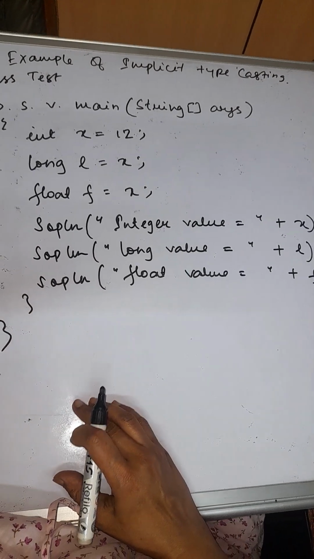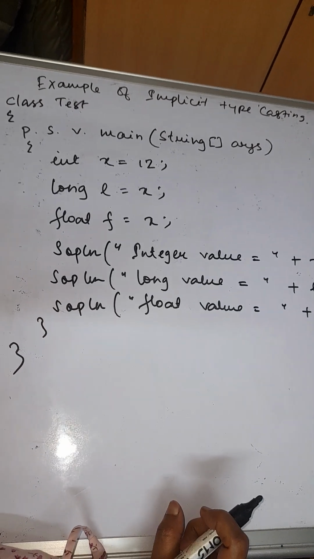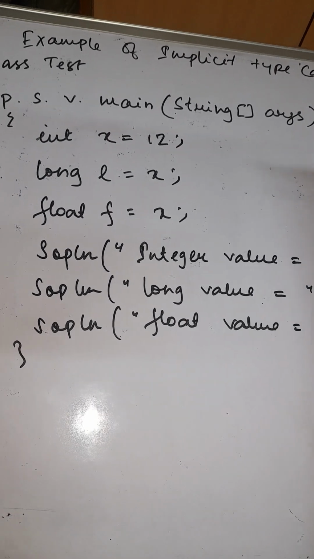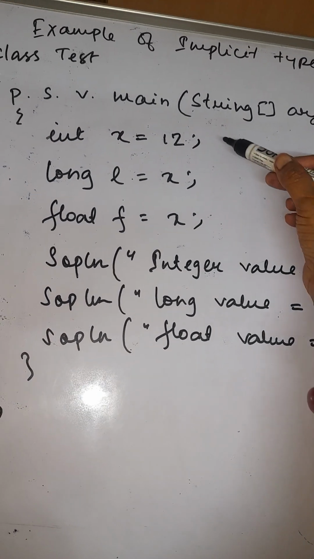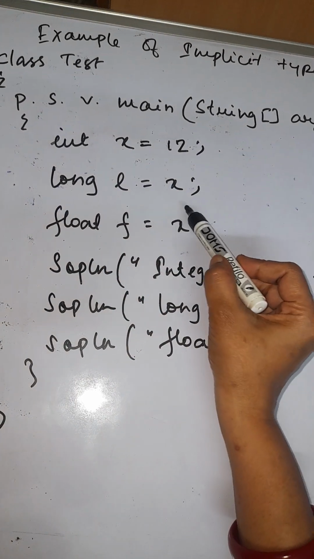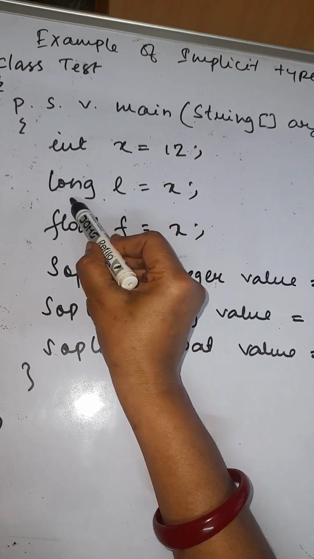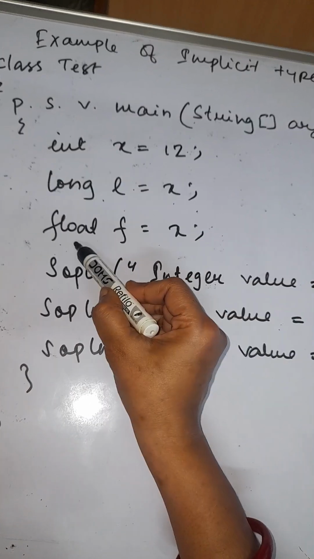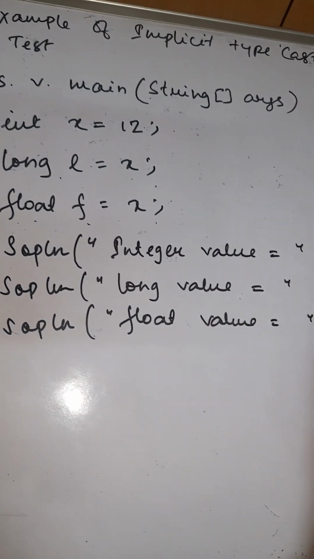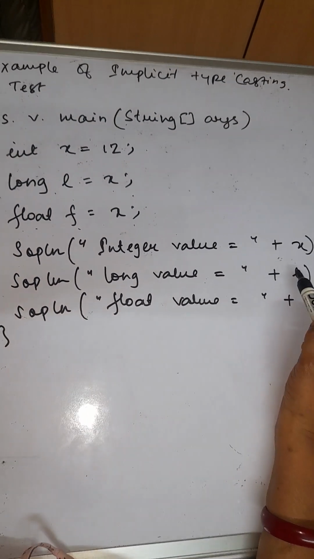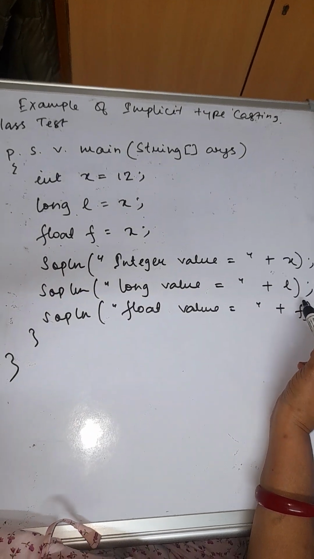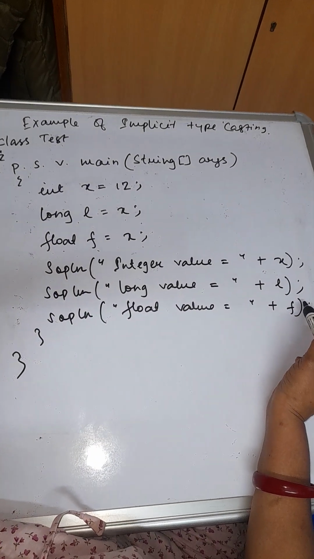Now an example of implicit typecasting. Here I create one integer variable where I stored the value 12. If I want to convert it from integer to long, long l equal to x, and float f equal to x, I can directly convert it. Now I want to print the integer value x, the value of the long l, and the value of the float f.